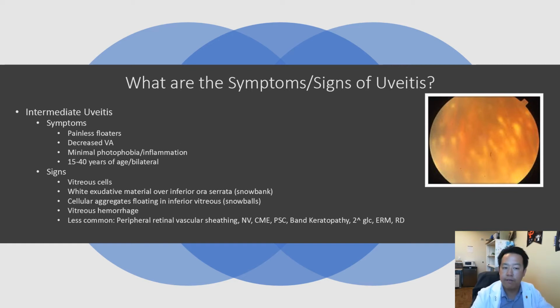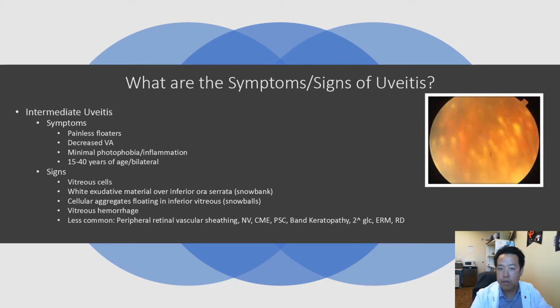Now, the signs of intermediate uveitis include vitreous cells during slit lamp evaluation or dilated exam, white exudative material over the inferior pars plana or ora serrata, well known as snowbank, and also cellular aggregates floating in the inferior vitreous, which is also called snowballs.